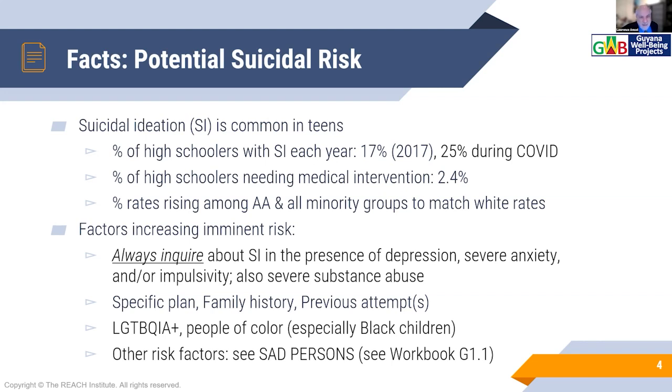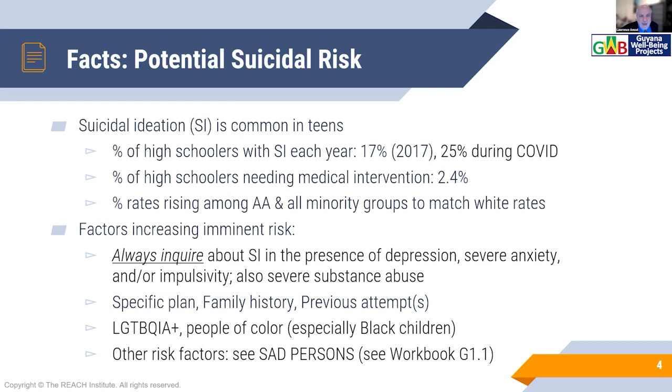So it's important to ask about that. But it's also important to ask about any plan, because once it has moved from that stage to actual planning, and suicide is in some ways no different than other things. This might seem like an odd analogy, but it's very important that we understand suicide in the context of how humans make decisions in general. I introduced this idea 20 years ago that we have to think about decision making in suicide, and people thought it silly, but now people understand that that's actually absolutely correct.